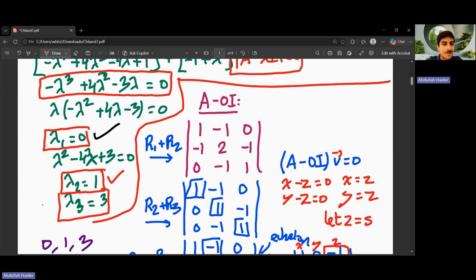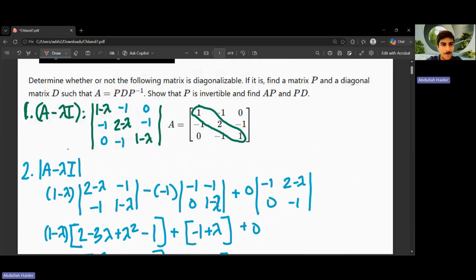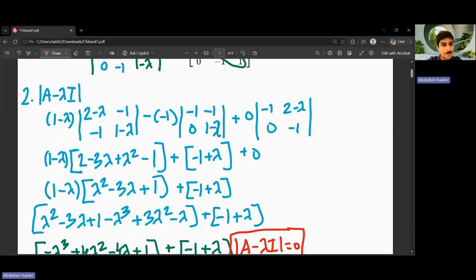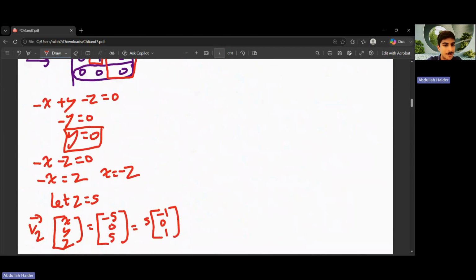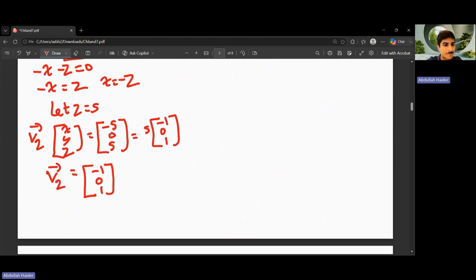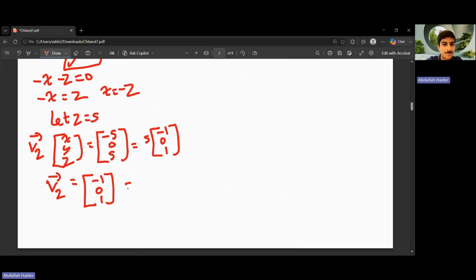As I said, you put every eigenvalue in the main equation, which contains the lambda, you row reduce them, and based on your row reduction, you find your eigenvectors. You can also write this as 1, 0, negative 1. There's no harm. You can always switch them, but I like having positive 1 on the top.